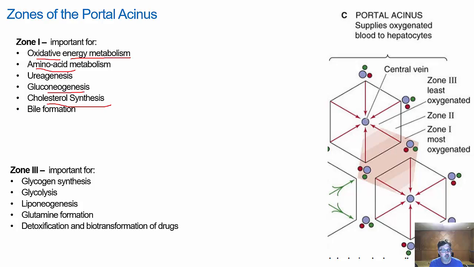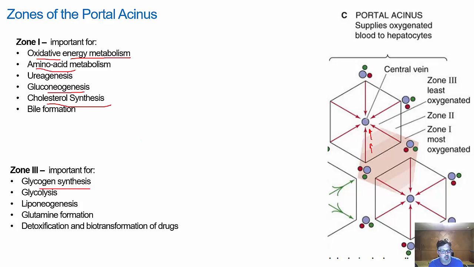As we move out to zone 3, and you get further and further away, you'll notice the activity in the cell changes. These cells out here in zone 3, they're more important for glycogen synthesis, the storage of glucose for in-between meals.